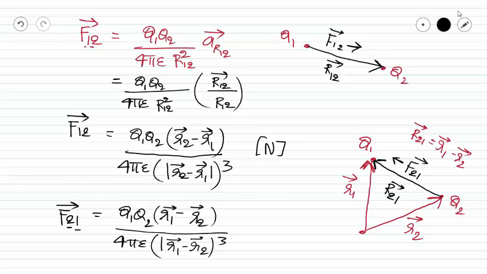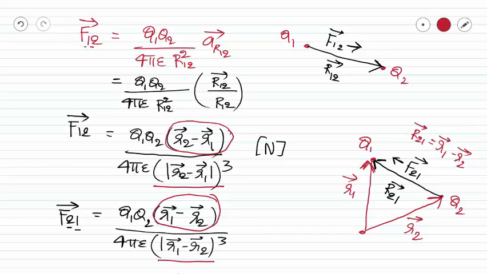As you can see clearly, this is magnitude cube, and this is also magnitude cube. When you have two vectors with the same distance, this parameter is the same and this parameter is also the same. If you look at F12 bar and F21 bar, the only difference is in the numerator: here we have written R2 bar minus R1 bar, and here R1 bar minus R2 bar.